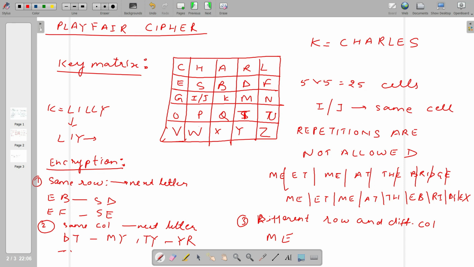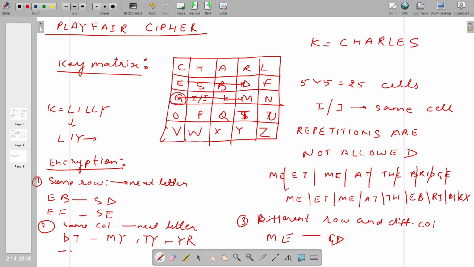So what we will do is take where it cuts. For example, M cuts to E at G and E cuts to M at D. So M will be replaced with G and E will be replaced with D.